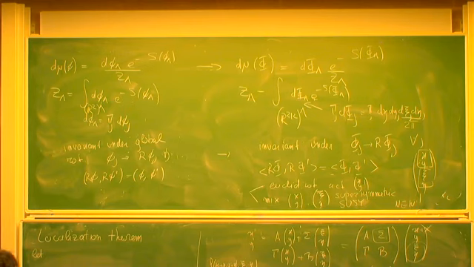Take a function of our spin configuration, which is of the form, I take a function only of scalar products for any pairs. And this f is infinitely differentiable and has fast decay.